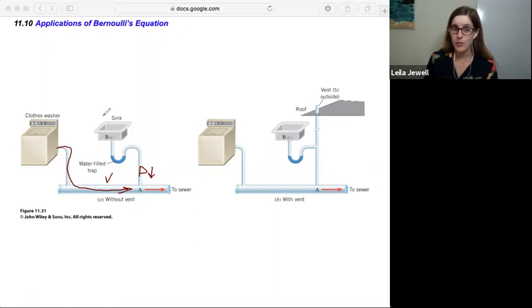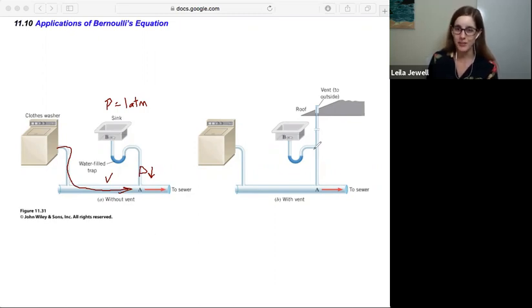The pressure drops there, but it doesn't drop in your house. Pressure in the house is still 1 atmosphere. Then the pressure in your house is going to push this water to go to that lower pressure region. You will lose all the water in your P-trap and you will smell it.